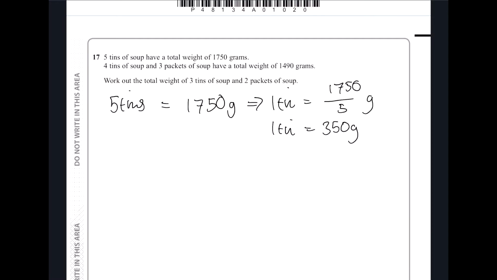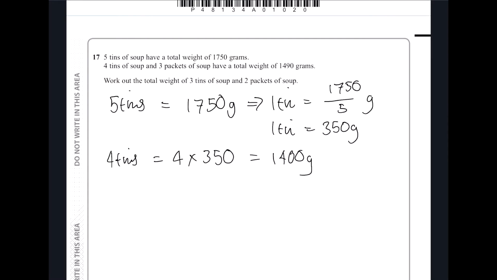So if 4 tins is what we want, and we know 1 tin, 4 tins would be equal to 4 times 350. Now if we do that, 4 times 50 is 200. 4 times 300 is 1,200. So 1,200 plus 200 is 1,400. And again, the units are grams. And so we know that weight.